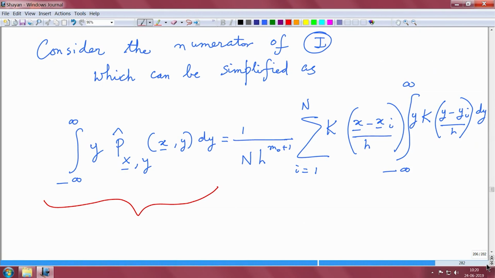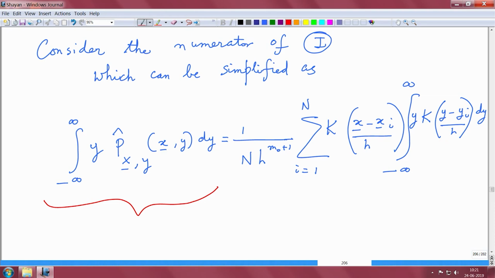So, this boils down to basically computing this integral. This is a scale factor 1 upon n times h power m naught plus 1, times summation i equals 1 to capital N, this kernel acting on the data point x, times this integral from minus infinity to plus infinity of y times the kernel acting on y, which is y minus yi upon h.